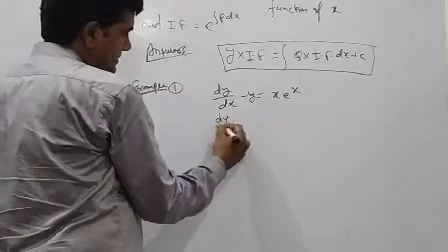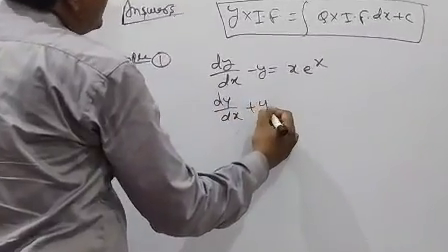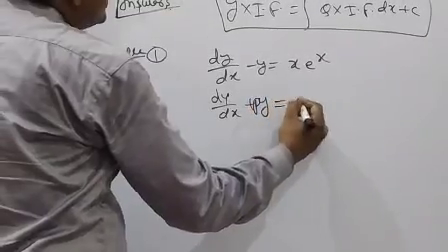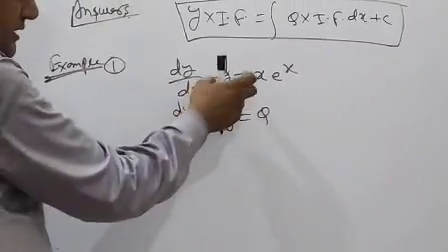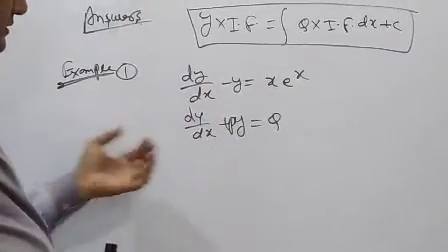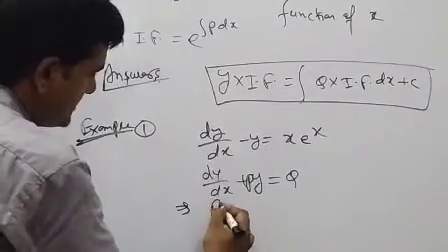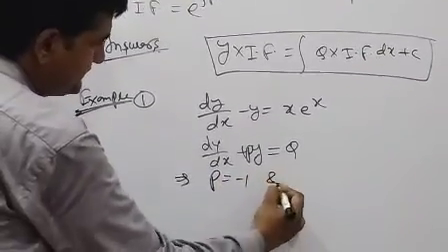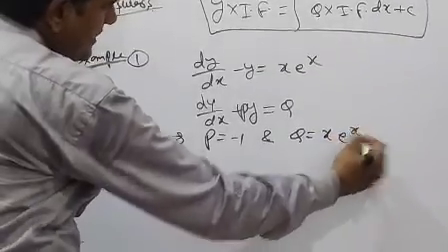This is in the form dy by dx plus py is equal to q. Now comparing the given question to this formula, p is equal to minus 1 and q is equal to x into e power x.